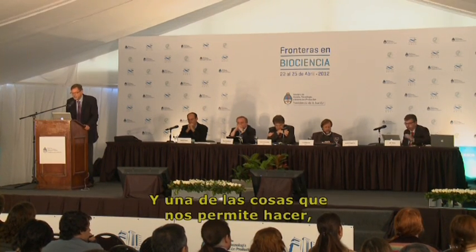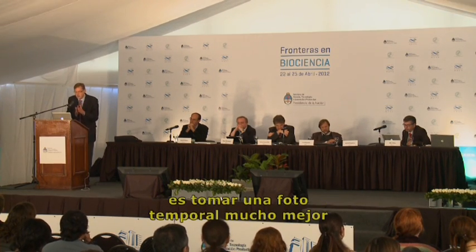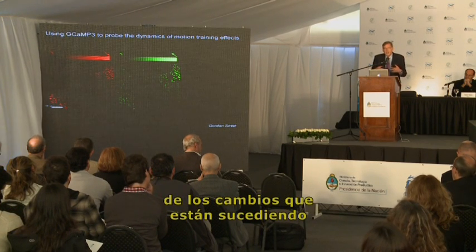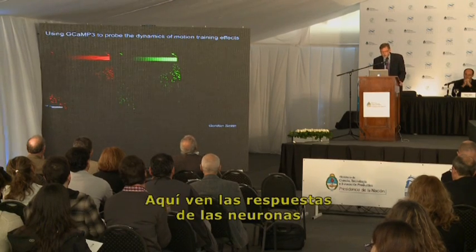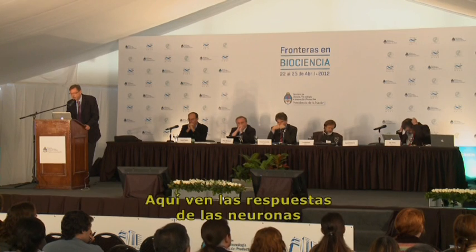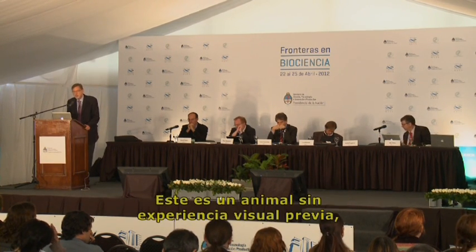And one of the things that it's allowing us to do is to get a much finer temporal picture of the changes that are ongoing as neurons are learning their direction preference. And what you see here are the responses of neurons to two different directions of motion. This is in a visually naive animal.